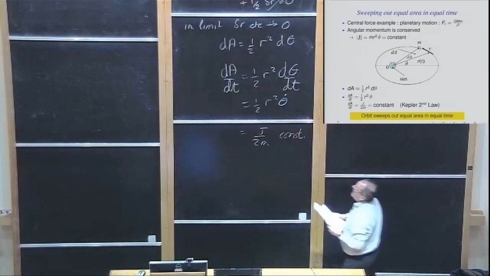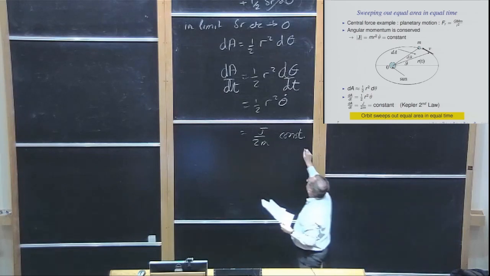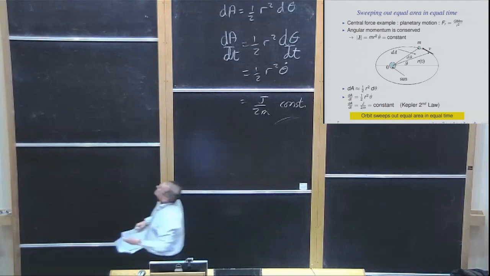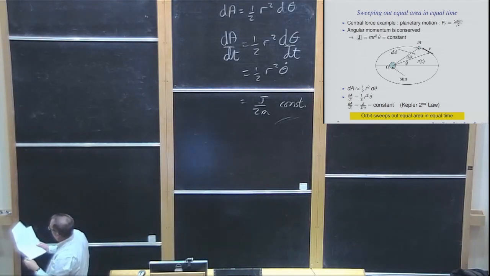And because J is a constant, then dA by dt is a constant. So we have shown Kepler's second law, which is that the orbit of the planet will sweep out equal areas in equal times.